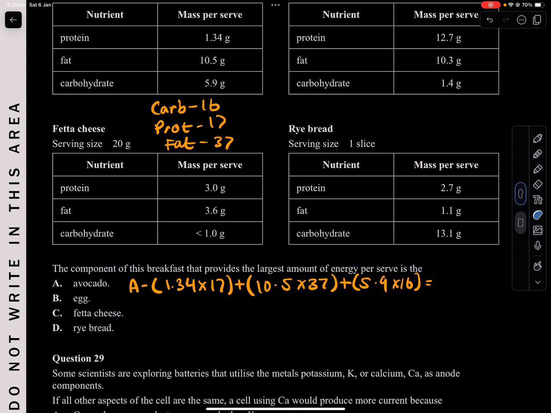We want to check which one's the highest. So 1.34 times 17 plus 10.5 times 37 plus 5.9 times 16, and that gives me 568 kilojoules.